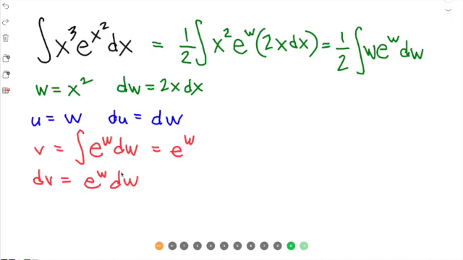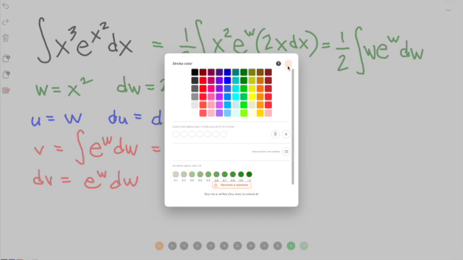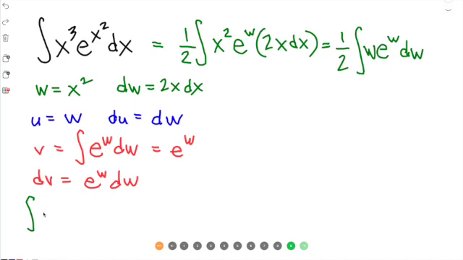And now what we need to do is to plug in our equation for integration by parts, which is the integral u dv equals uv minus the integral v du. I hope at this time you already memorized this. Now let's go plug in our values. So remember, we are operating in terms of w here.